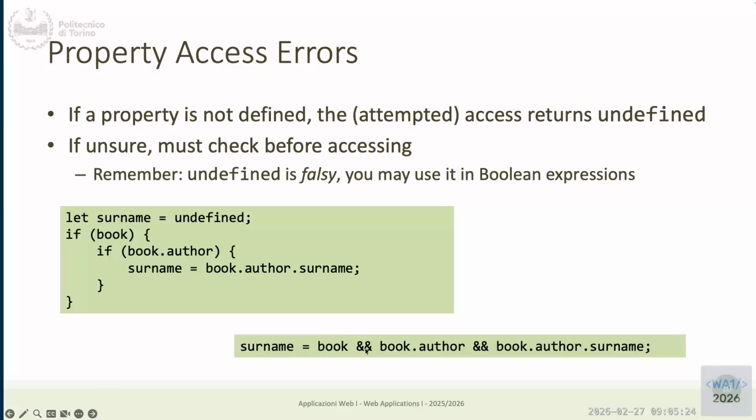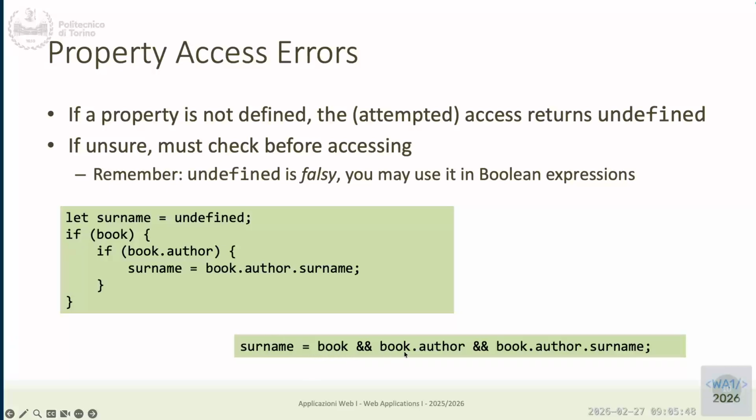So with a chain of ANDs, remember how the Boolean AND is working. If the first element is false, then return the first element. Otherwise, go forward and return the second. So in this case, if book was undefined, just return undefined.